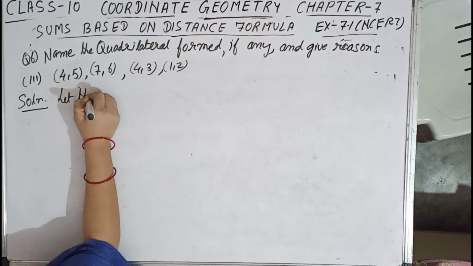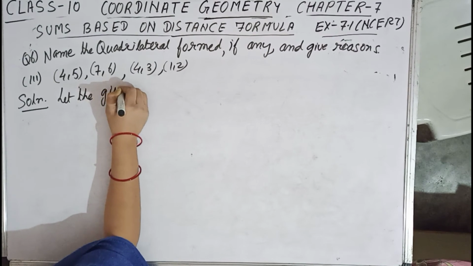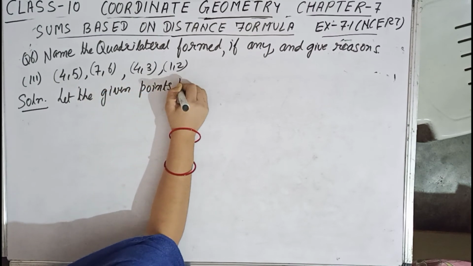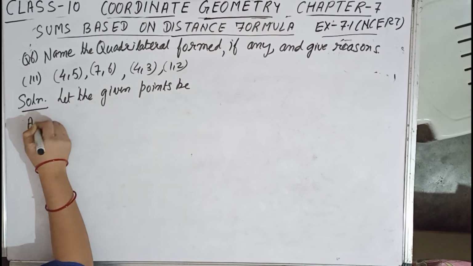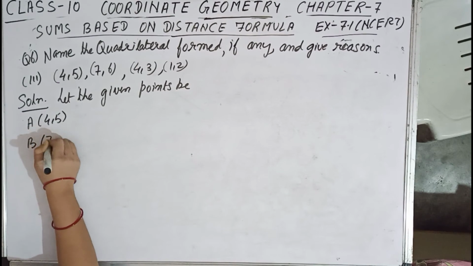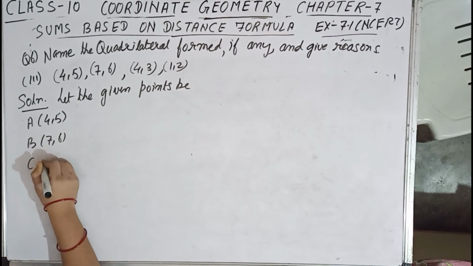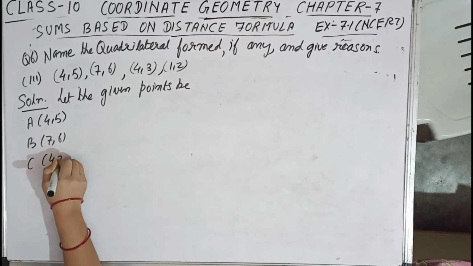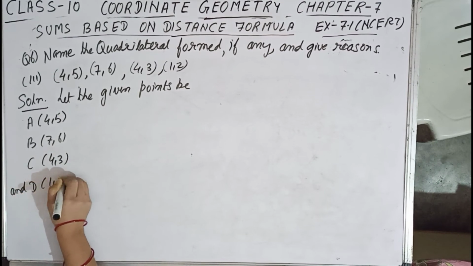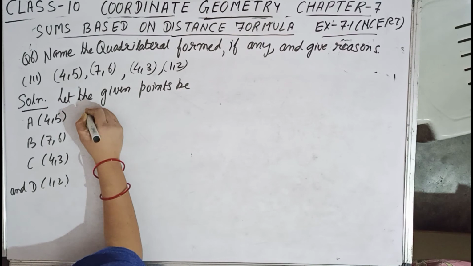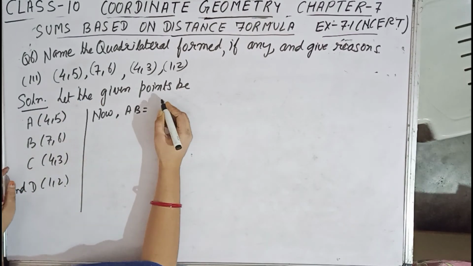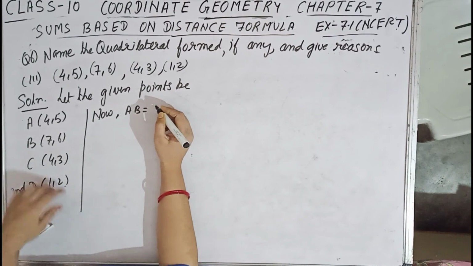Let the given points be A(4, 5), B(7, 6), C(4, 3), and D(1, 2). Now AB equals, take care about the order.